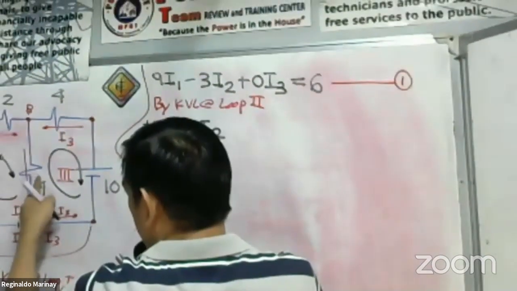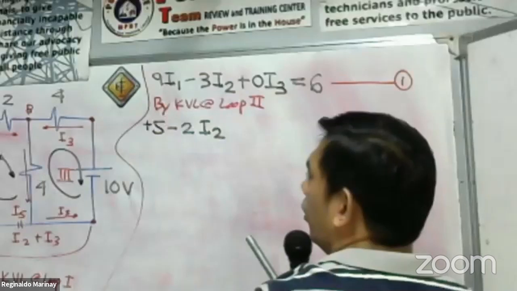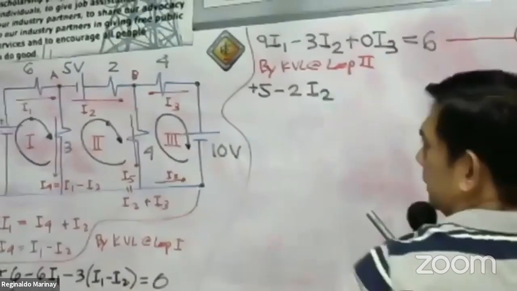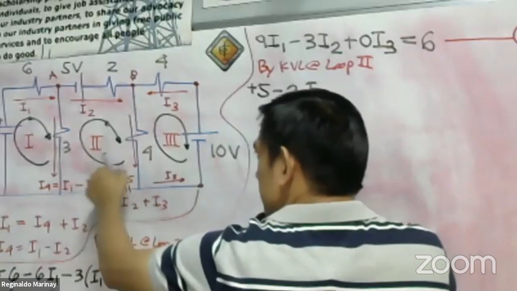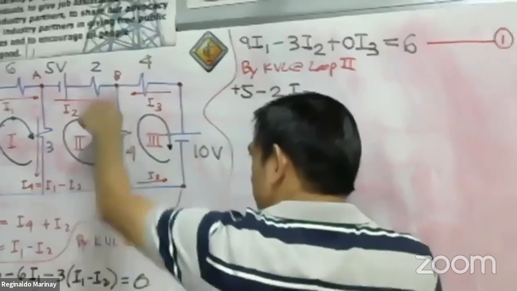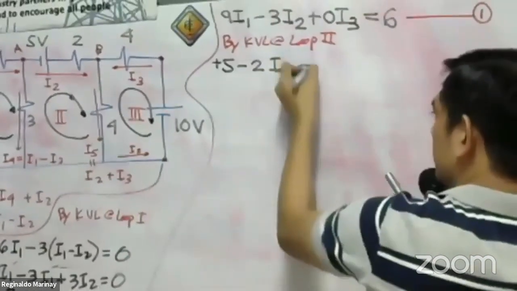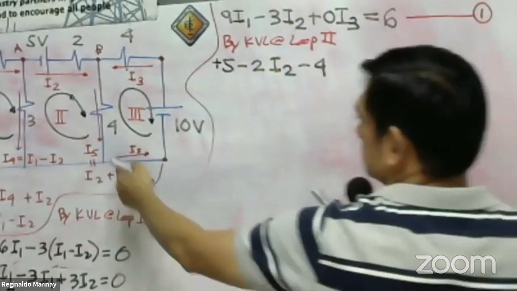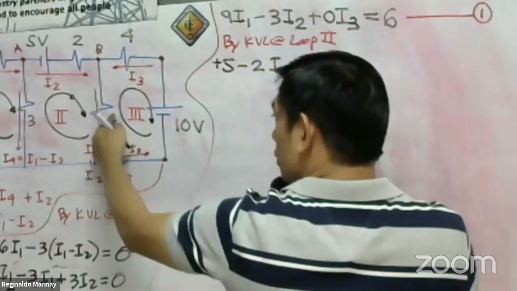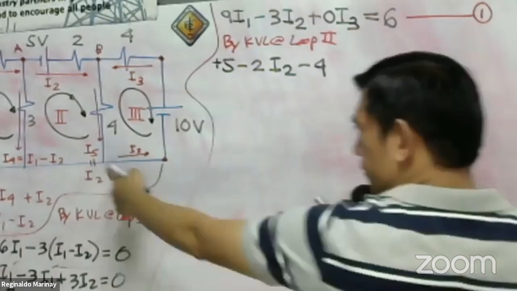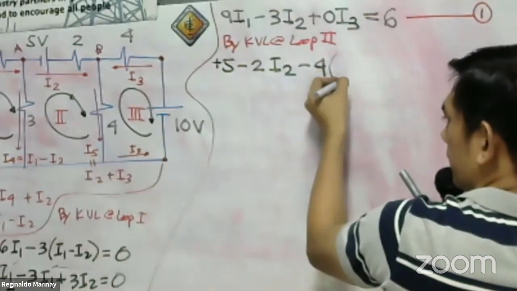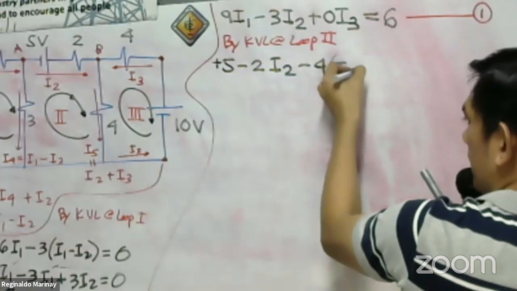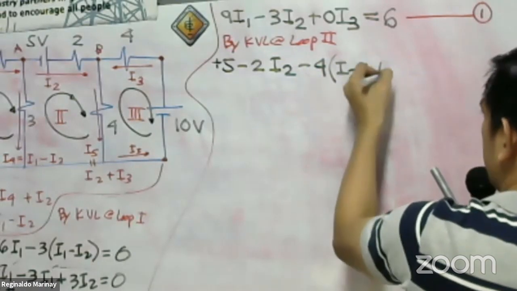What about the 4 ohm resistor? I5 is downward. The circuit tracing is also downward. One direction, one line. Then 4 I5. By the way, what is our I5? There you are. So we have here I2 plus I3.